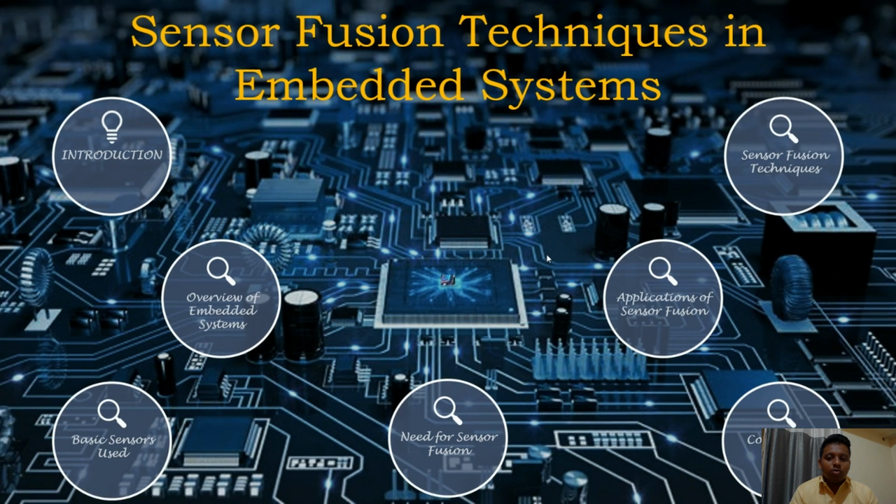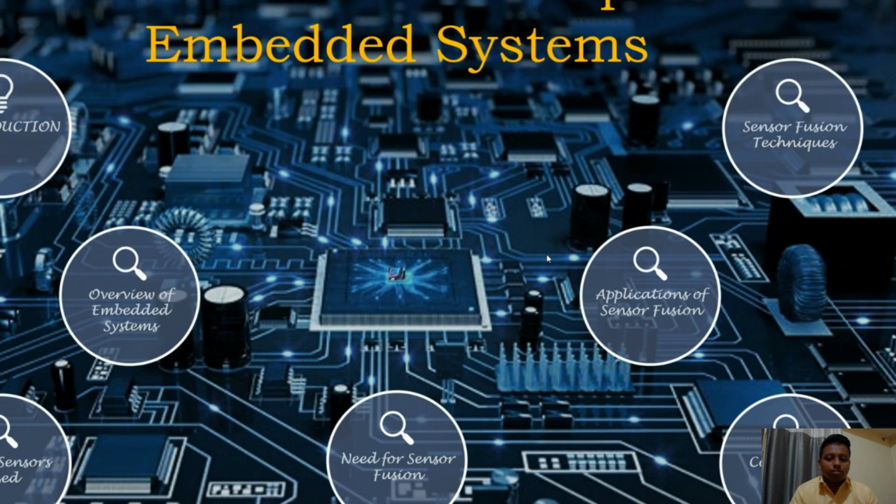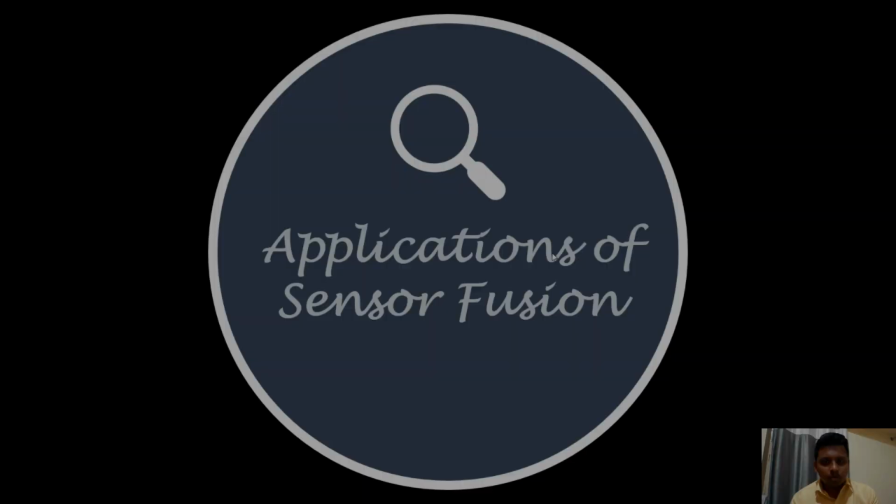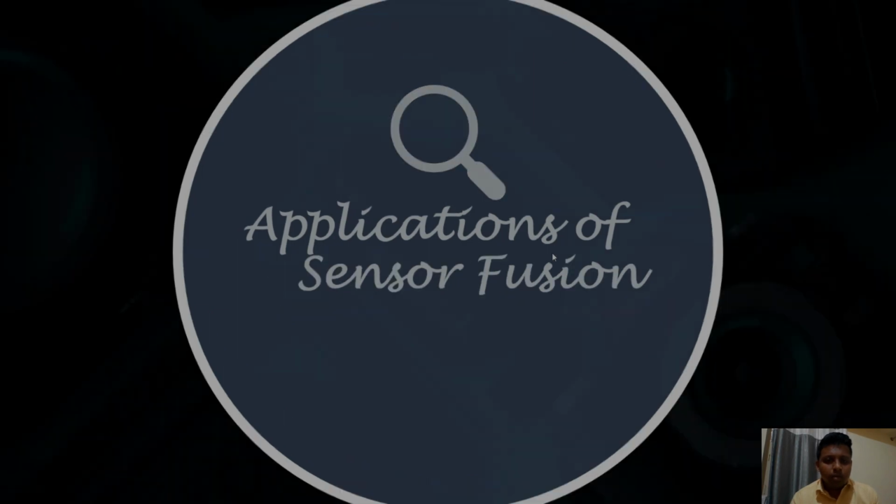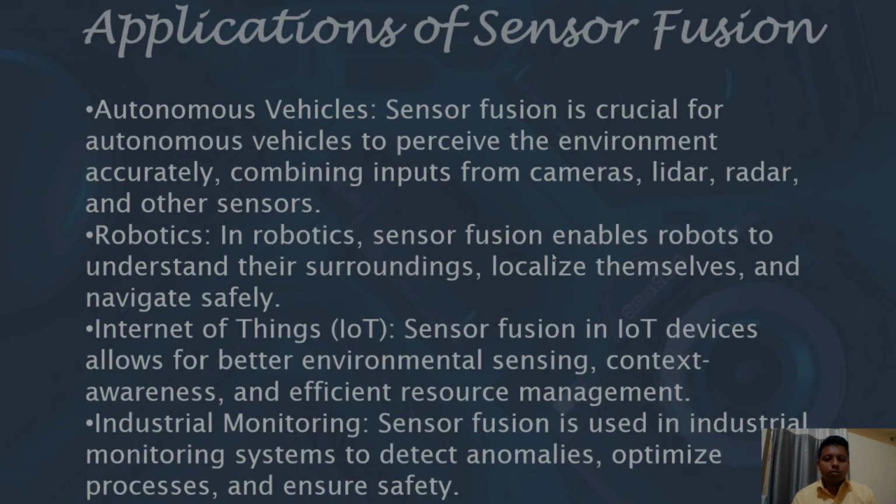Next, we go to the applications of sensor fusion. We'll see some applications of sensor fusion. Vehicles. Here, sensor fusion used in the embedded systems placed in vehicles combines inputs from cameras, radars, and other sensors.